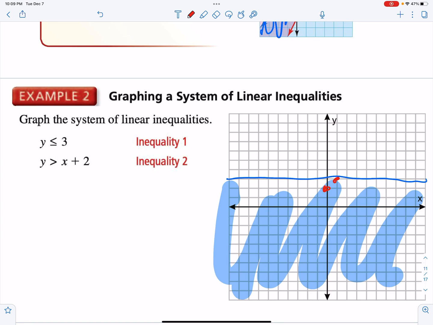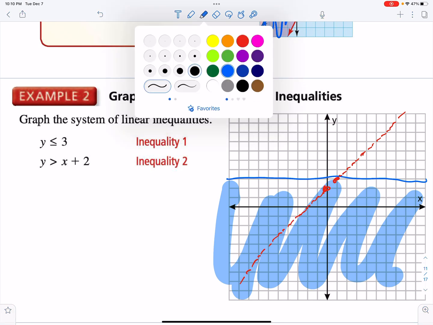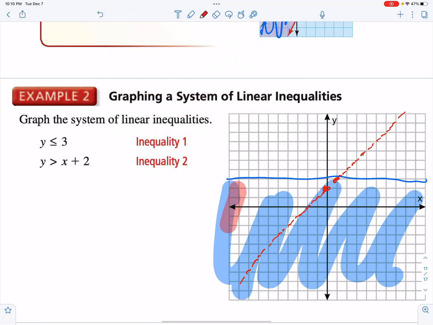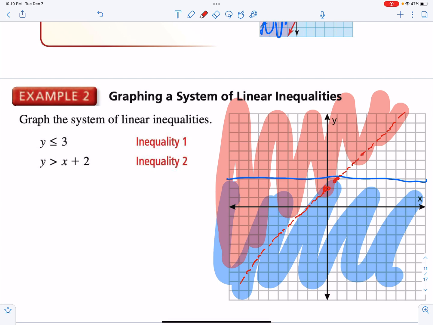So I'm just going to draw a dotted line up and to the right, following that slope. And I'm going to draw a dotted line down and to the left, following that slope. This one's greater than. So if I were shading just that one, I would shade above. And I would shade everything above that dotted line. So the intersection where I would shade for a test would be this area right here.